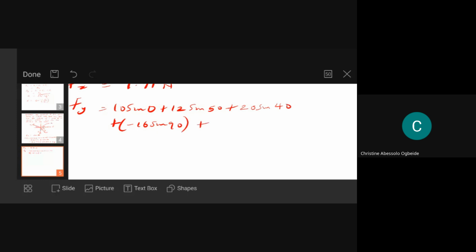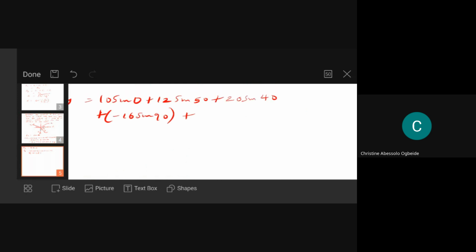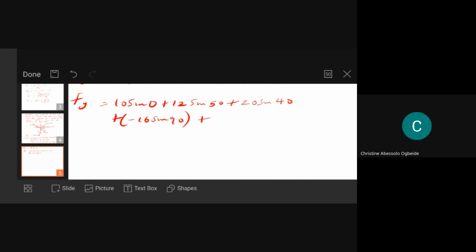Then plus one more force for the vertical component, which is 15 Newton. 15 Newton is at angle 60 degrees with the horizontal, which is 15 sine 60. So plus minus 15 sine 60. All right. Simplifying this, sine 0 will give me 0. So 0 multiplied by 10 is still 0. No change. I have plus. Now, what is 12 sine 50?